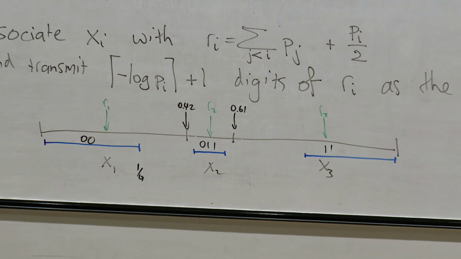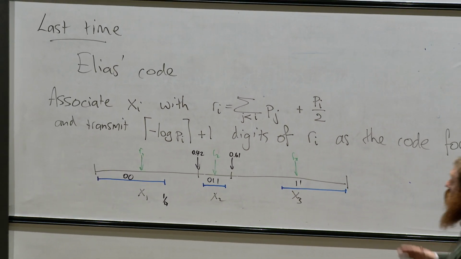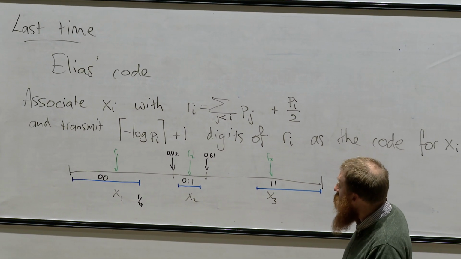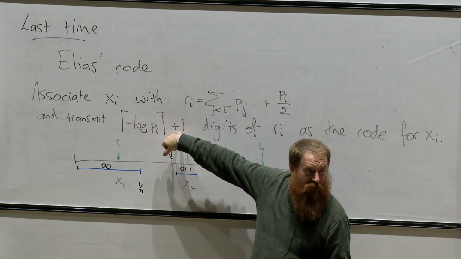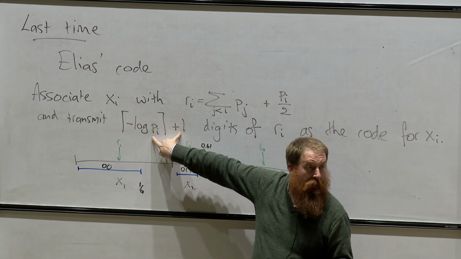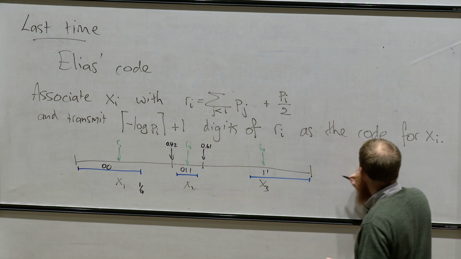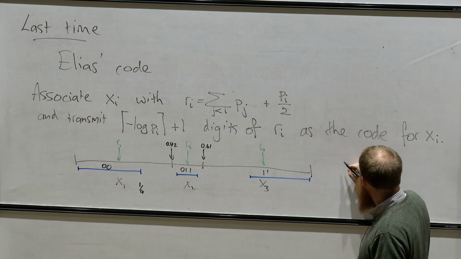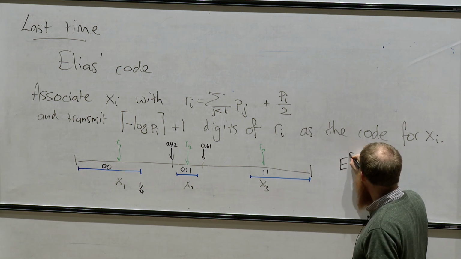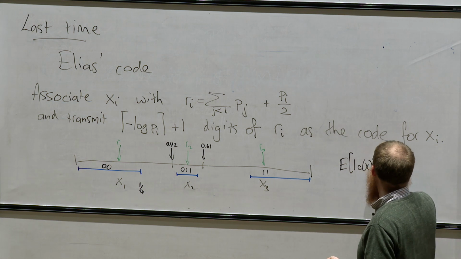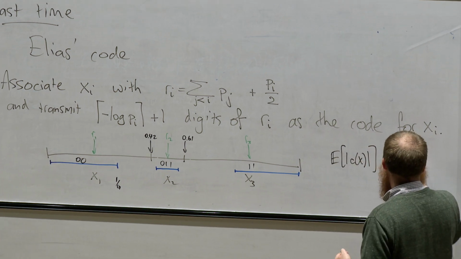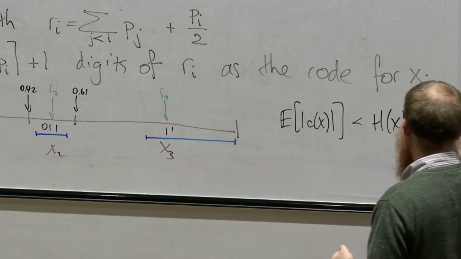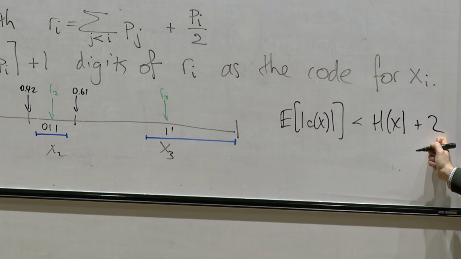So now this gives me a code which is not especially efficient. We can see that it's going to burn 1 extra digit compared to the optimum. So we can tell that when we have Elias's code, the expected code word length, just from looking at this, is going to be less than H of X plus 2, which is not where we want to be.